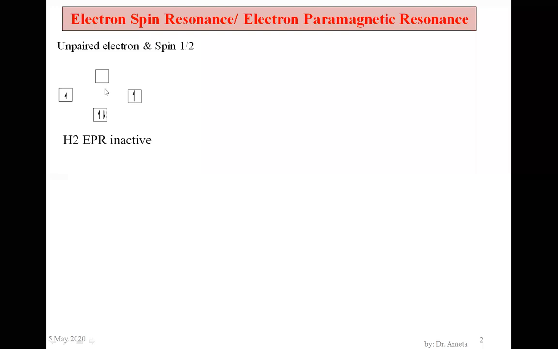So there is no unpaired electron in bonding or anti-bonding orbitals. That's why H2 will not give EPR, and it is called EPR inactive.